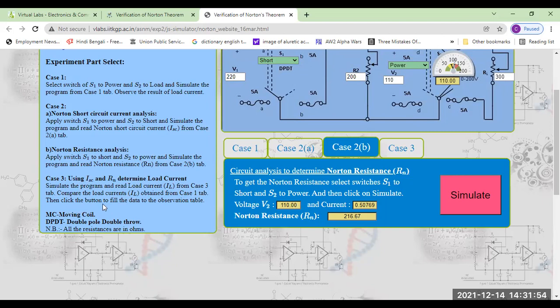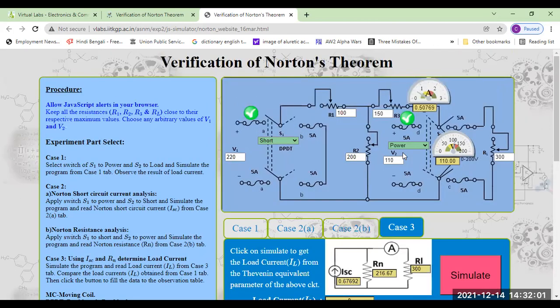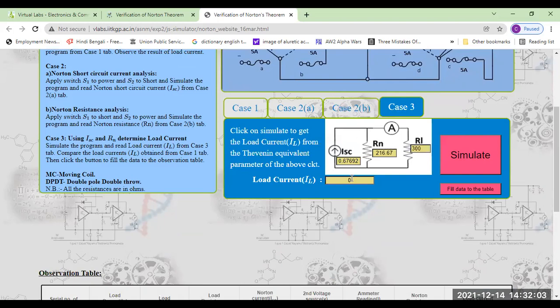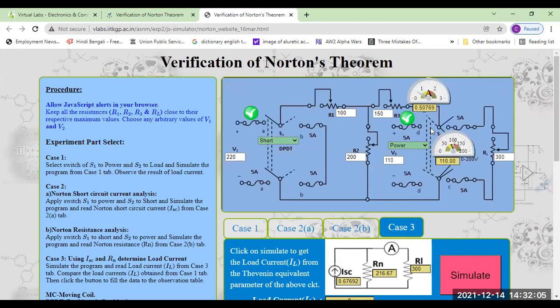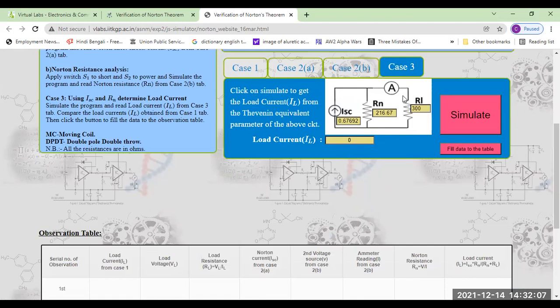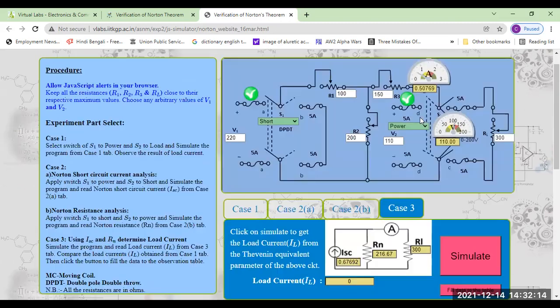Just keep going to case 3. You can see in case 3 this circuit is not there. A new equivalent circuit is given. You can see this is the ISC, this is the RN, and this is the load resistance RL.